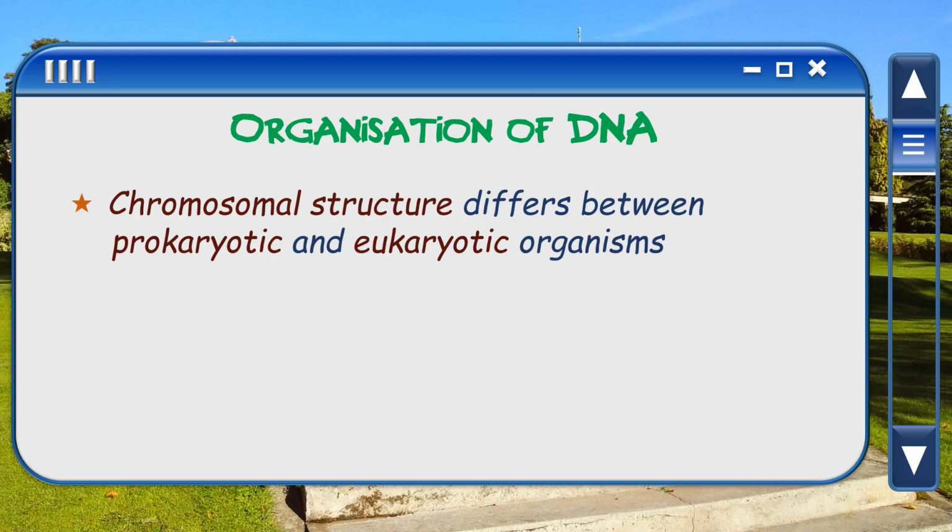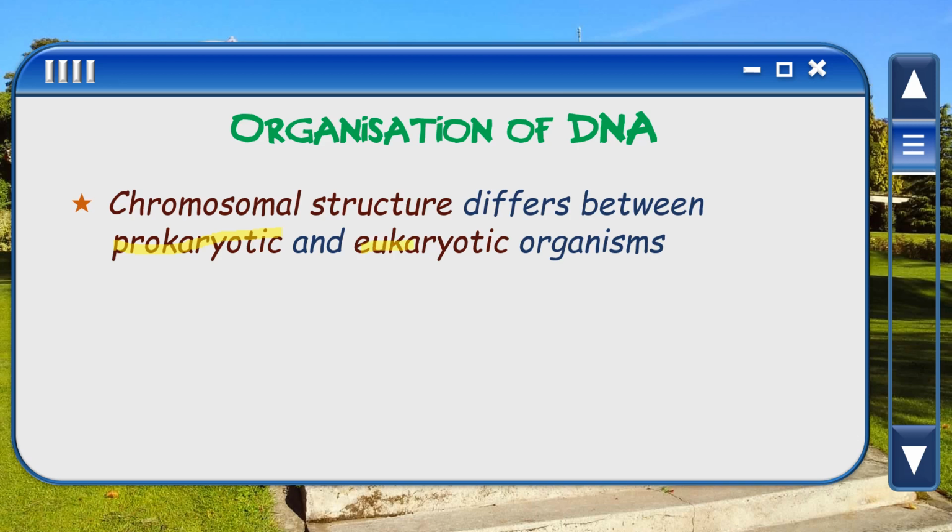Chromosome structure differs between prokaryotic and eukaryotic organisms. Prokaryotic organisms are organisms that don't have membrane-bound organelles.